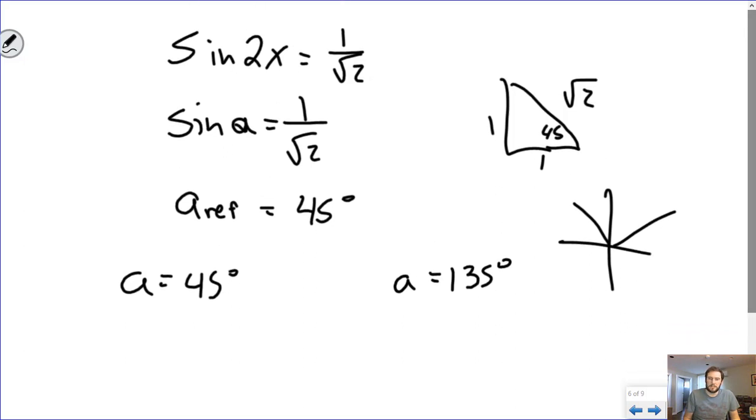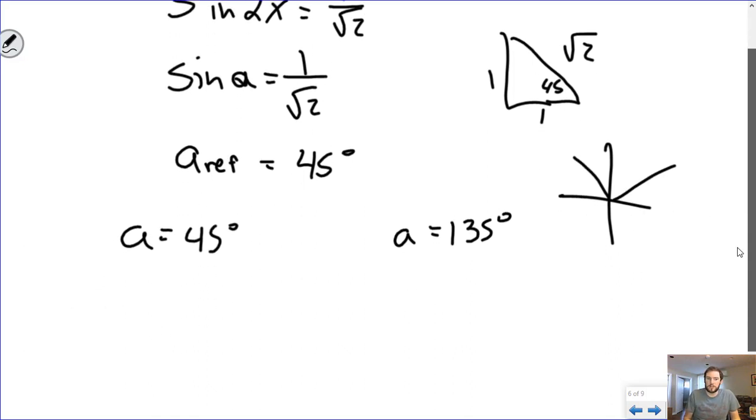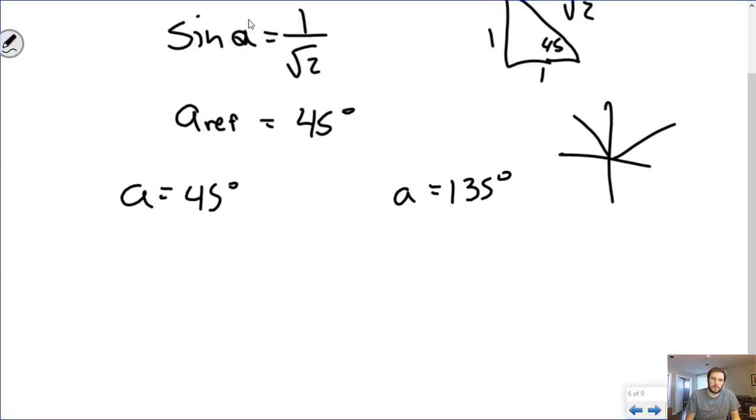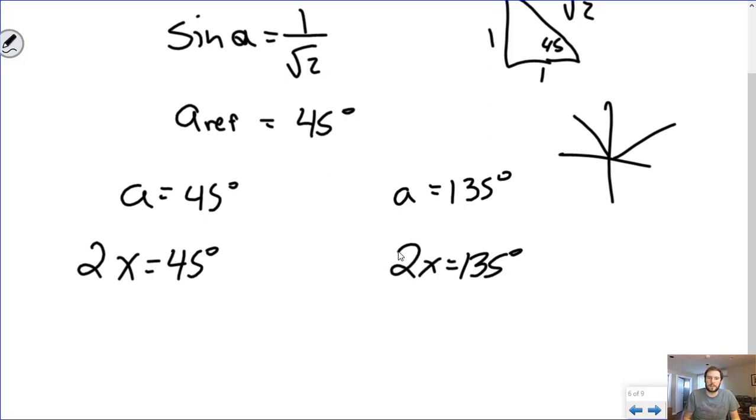But again, what we know now is we're not looking at a, we want to solve for 2x, right? So let's take 2x and put it back in the place of a. So 2x is going to be 45 degrees, and 2x is going to be 135 degrees, right?